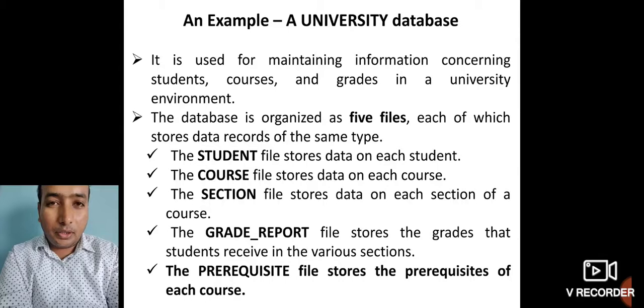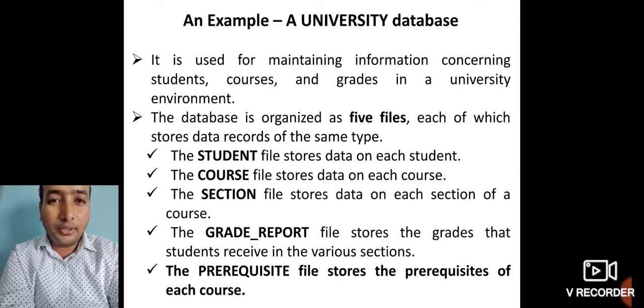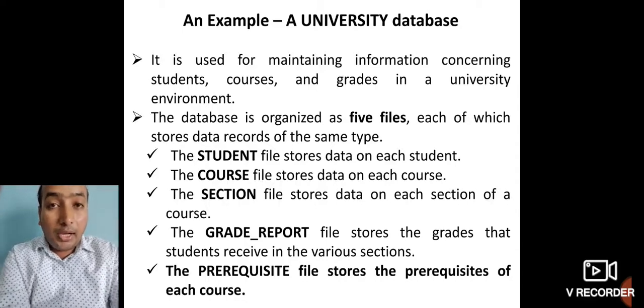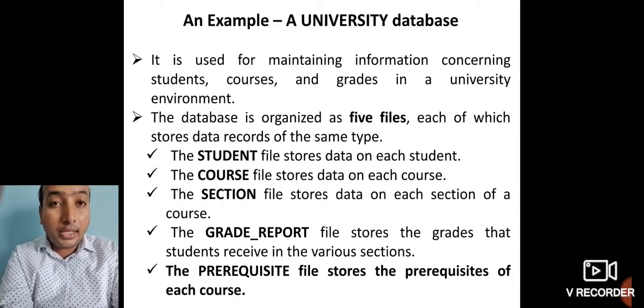All the government-focused colleges coming from Shimoga and Chikmagalur district are affiliated to Kuvempu University. If I am talking about a university, it has n number of students, n number of courses, n number of colleges, and n number of sections for all the courses. It even has to generate a lot of reports for all the students coming from different courses, isn't it? So a database related to a university is a very large database.